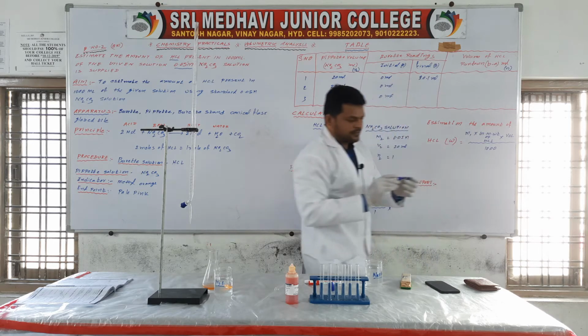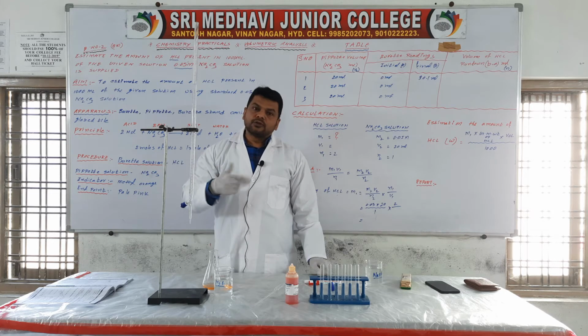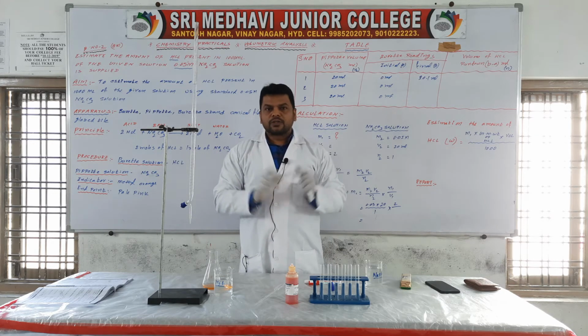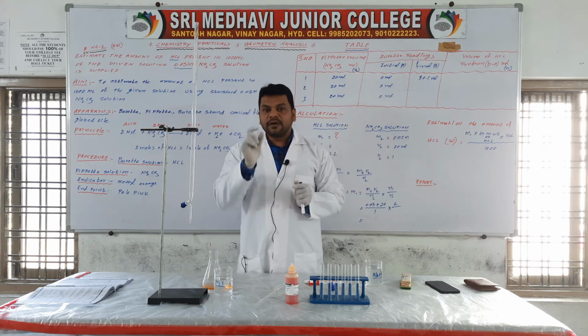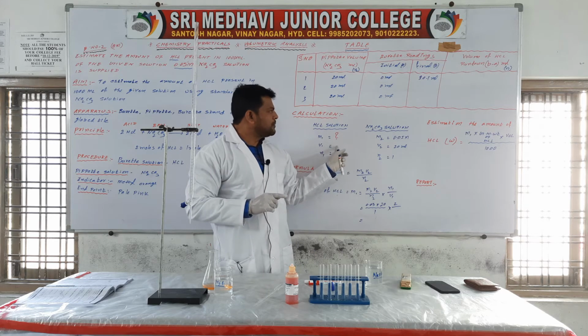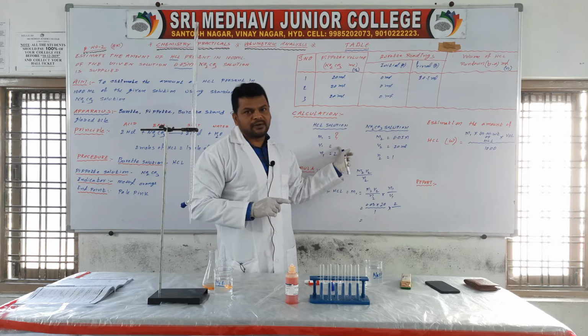You have to repeat this experiment two or three times, then you will get concordant values. Two values must coincide, and the coinciding value you have to take as the volume of HCl.